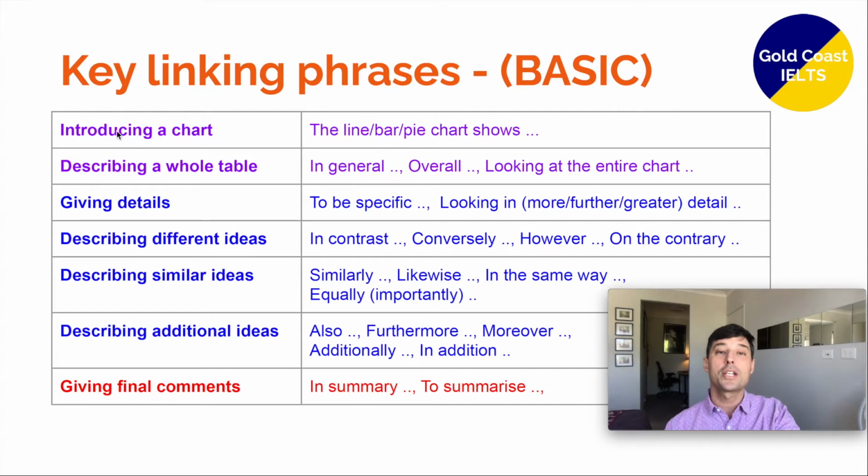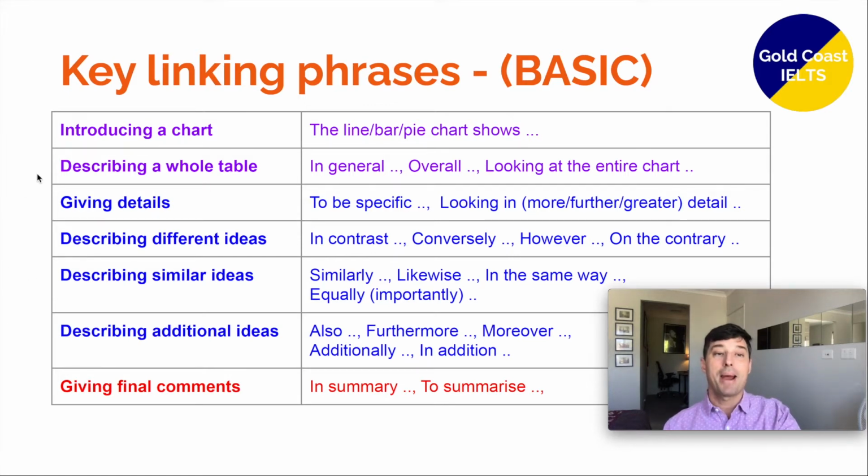To introduce the chart, in the very first sentence you can say the line, bar, pie, or whatever chart shows. To describe the whole chart, in the second sentence you can say in general, overall, or looking at the entire chart.